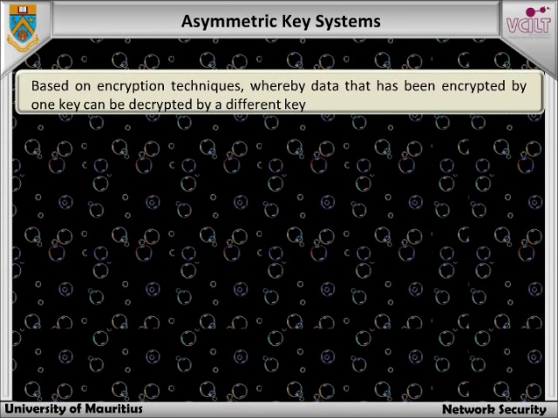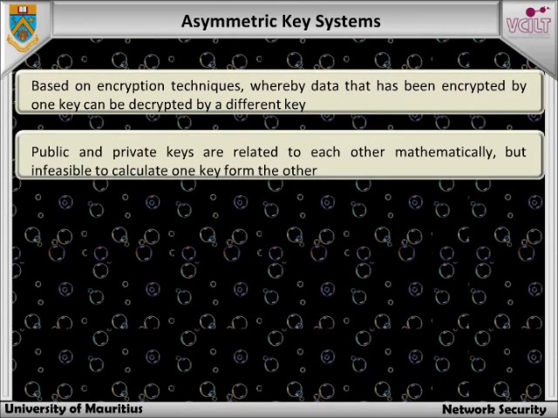Asymmetric or public key systems are based on encryption techniques whereby data that has been encrypted by one key can be decrypted by a different, seemingly unrelated, key. One of the keys is known as the public key, and the other is known as the private key.